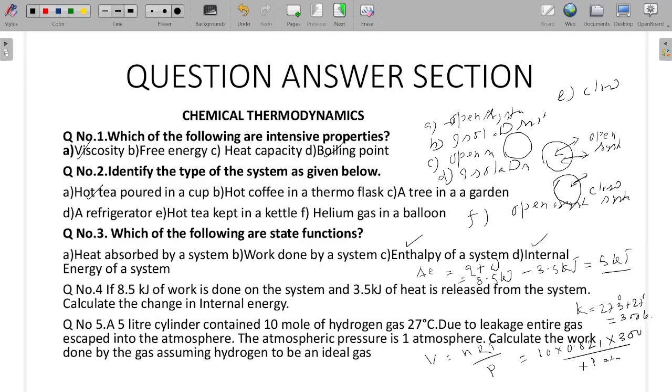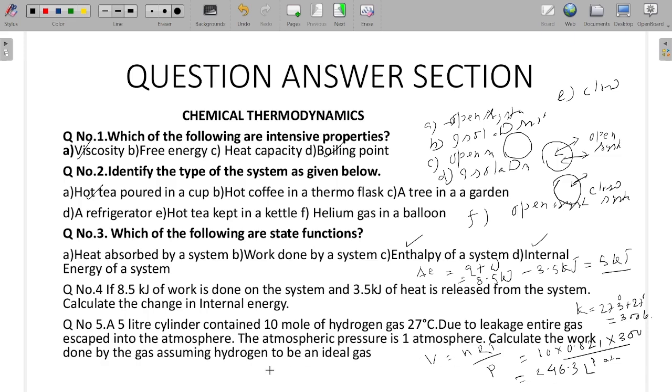On calculation, this will be 246.3 liter.